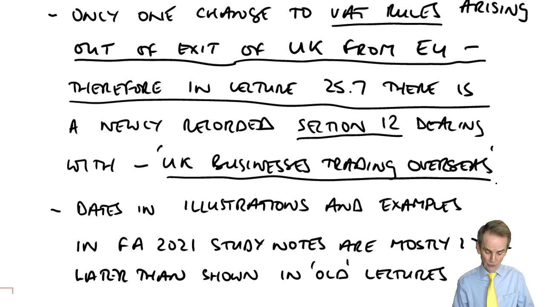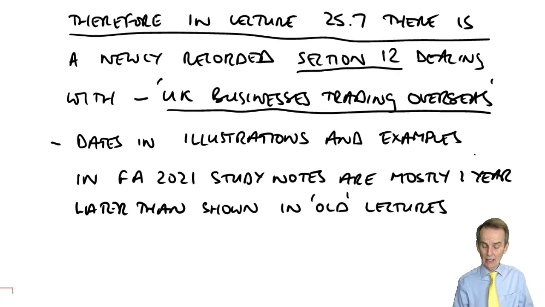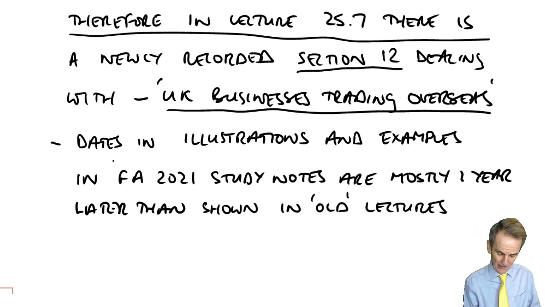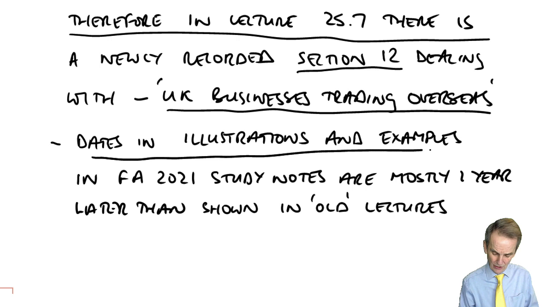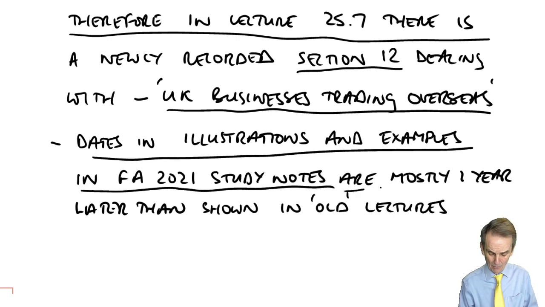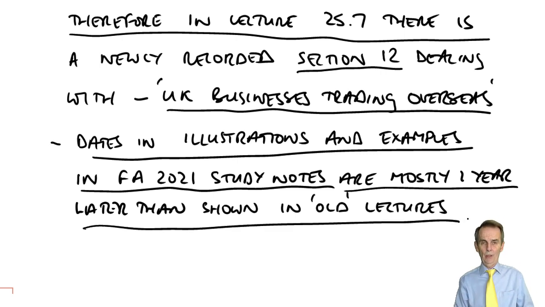That means, therefore, that we've had to record a new session, a new lecture that deals with that particular part. Very final section in the chapter, dealing with UK businesses trading overseas. Plus, throughout, in terms of the examples shown, we're going to see that the dates in illustrations and examples in the FA 2021 study notes are mostly 1 year later than shown in the old lectures.